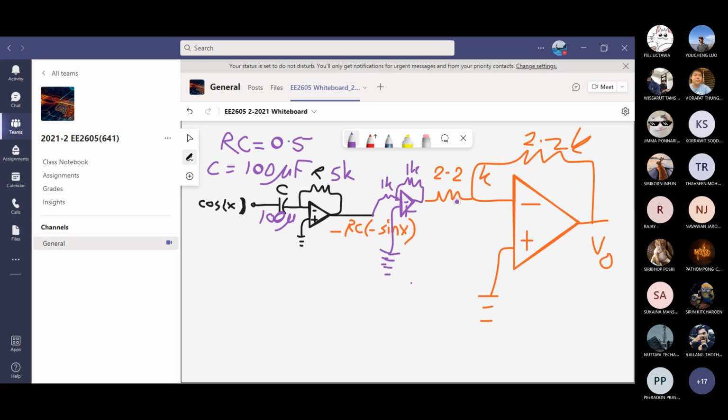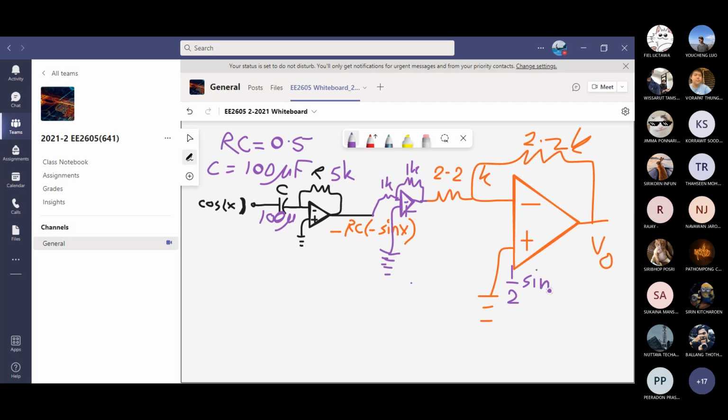It becomes minus, and then finally you go to your summing op amp, again times 1. RF is 2.2K, R1 is 2.2K. When you flip 2 times the sign, finally you get half sine x. So V out here is half sine x.